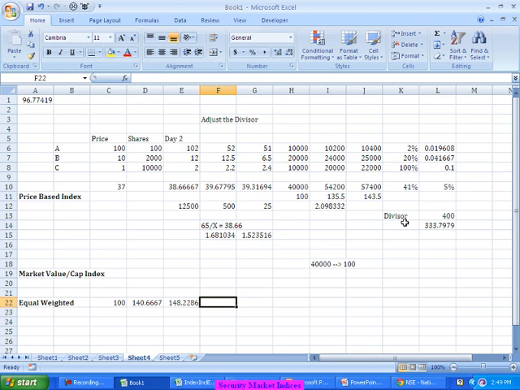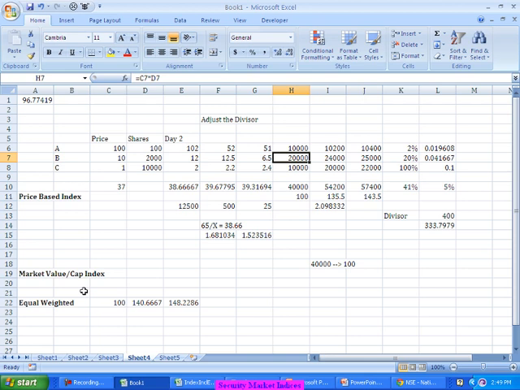The difference here is that in the price weighted index, the weightage is given based on the price. The one which has a high price is given more weightage, and the one which has a low price is given less weightage. In the market cap based index, the weightages are given based on the market capitalization. The one which has the highest market capitalization will have the highest weightage. Whereas in the equal weighted index, the percentage change is given the weightage.